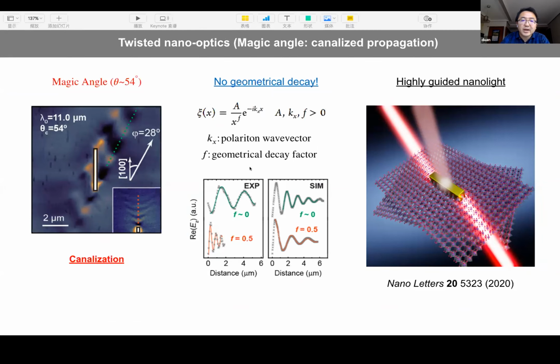We find the geometrical decay factor for canalized phonon polaritons is 0. That means we don't have the geometrical propagating decay of the canalized phonon polaritons. It provides us quite great potential to have highly guided light at the nanoscale with low loss.